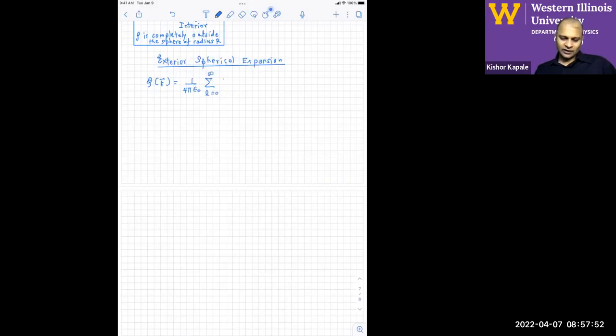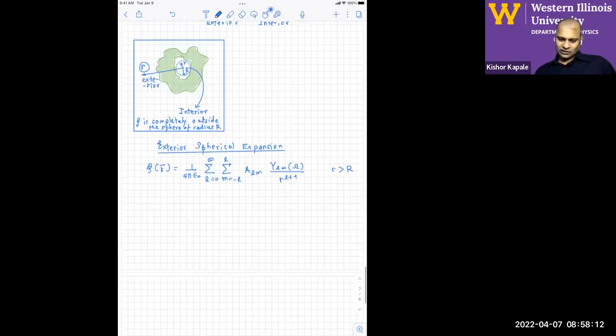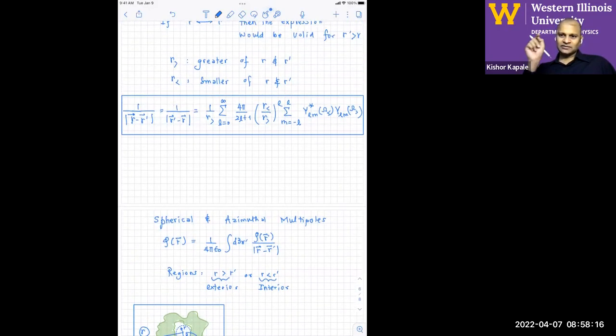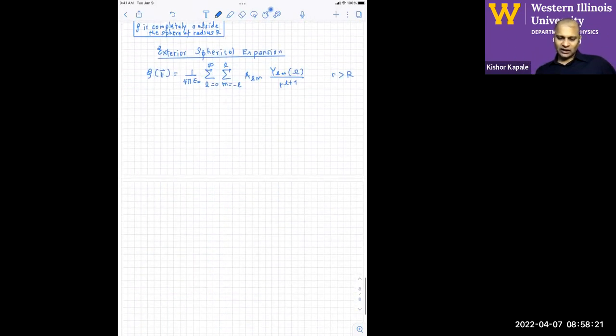Sum over L equal to 0 to infinity, m equal to minus L to L, A_LM, Y_LM, omega over r to the power L plus 1, for r much greater than r prime. Okay, so that's how that looks. So we just did this expansion of 1 over r minus r prime, substituted it inside, and then introduced an expression for A_LM, right? So let's see what this is.